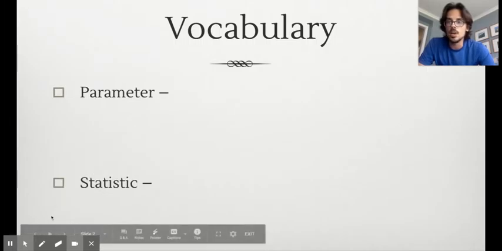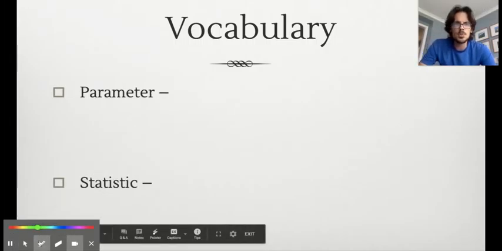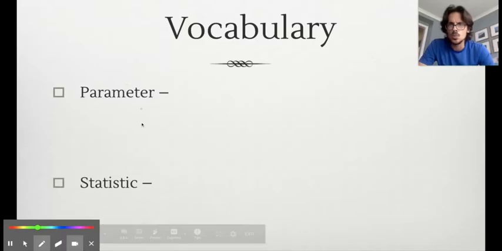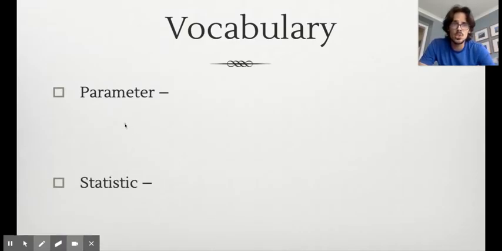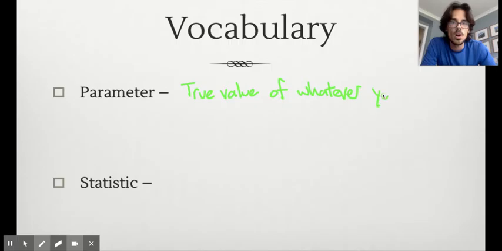First thing I've got for you guys here is the difference between 2 vocab words, and I believe I've used this vocab with you first semester, so this shouldn't be totally out of nowhere: the difference between a parameter and a statistic. So the parameter is the true value of whatever you are looking at in the population.